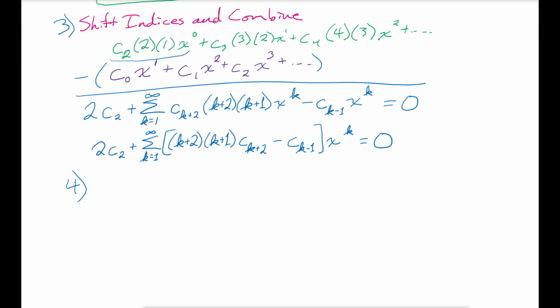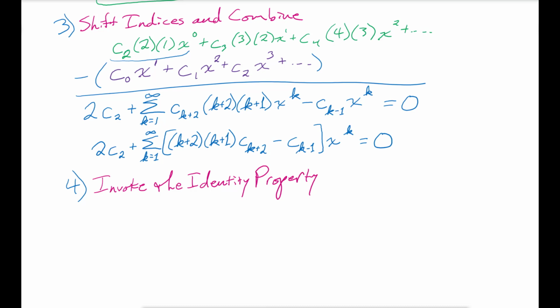Our next step is going to be to invoke, or use, the identity property. Now remember, the identity property says if you have a power series that equals 0, then c sub n is going to equal 0 for all n.